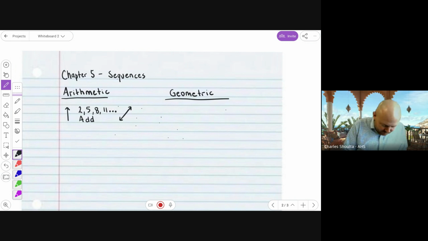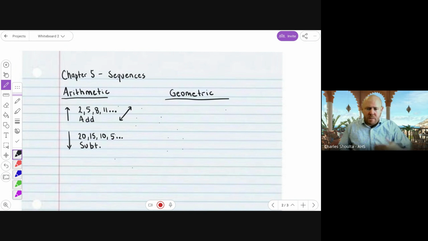If the sequence goes down, for instance 20, 15, 10, 5, then we would subtract, subtracting the same number over and over again. And if we graph these, it would look like this. So these are both linear sequences.